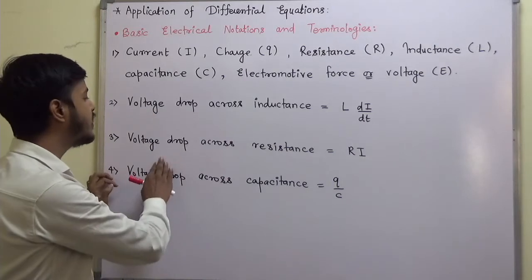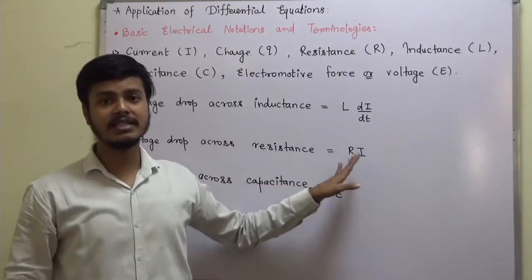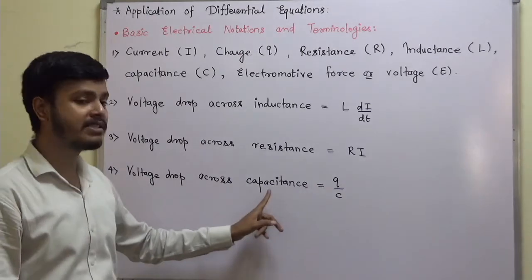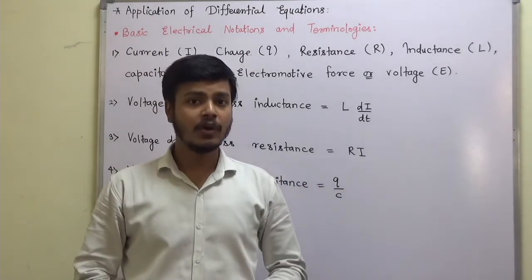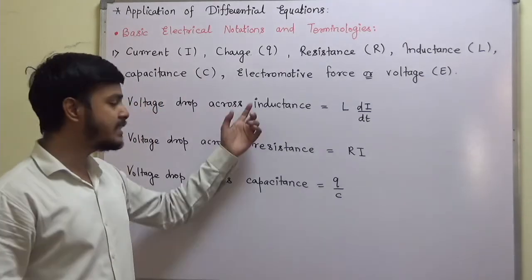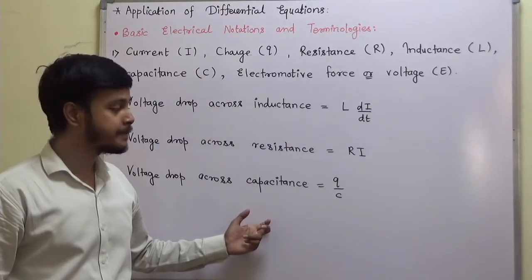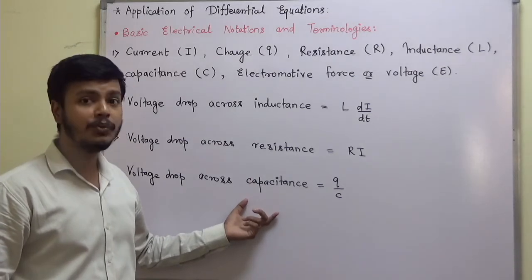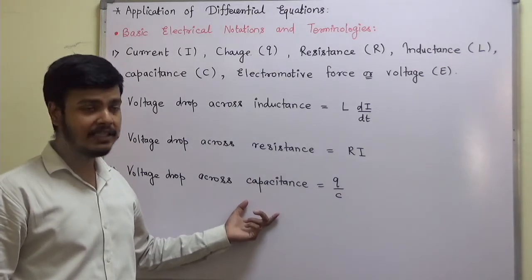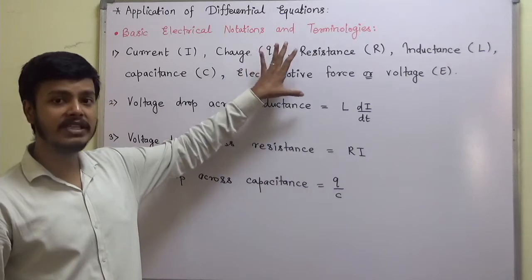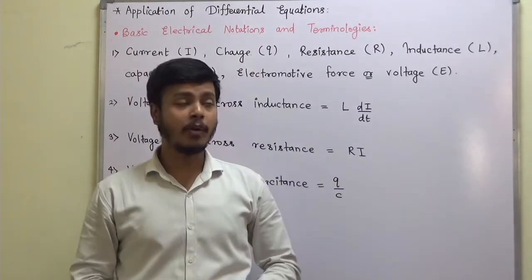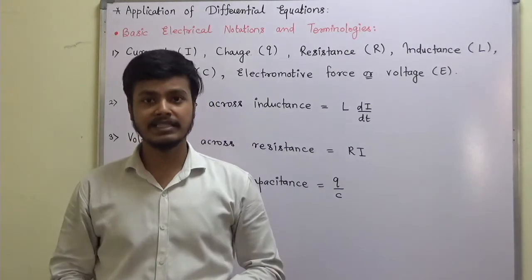Second, voltage drop across resistance is Ri, and the third, voltage drop across capacitance is Q by C. These three things will be handy in the formation of the differential equation for the given electrical circuit, and these will be the notations that we are going to deal with throughout the problems on simple electrical circuit.